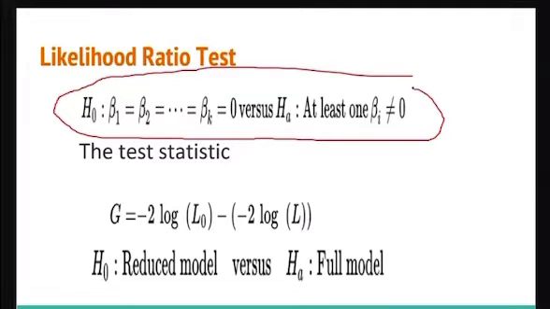We compare an intercept model with a full model, while in the partial F-test, we compare a simple model with a complicated model. So here too, in a logistic regression, we also have a way to compare an intercept model with a full model. In the null hypothesis, the slopes are going to be 0. If beta 1, beta 2 up to beta k equal 0, then that's an intercept model.